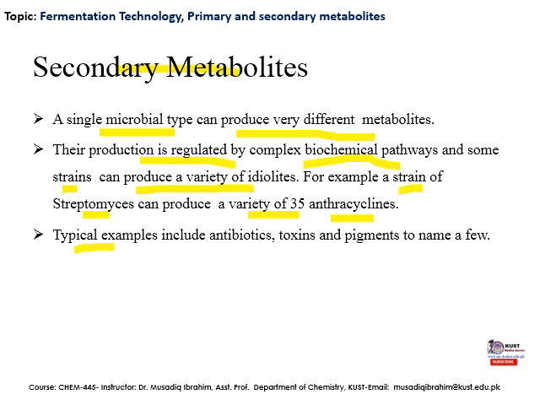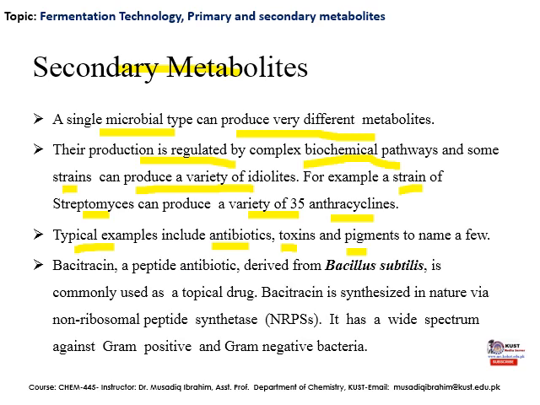Now, the typical examples of secondary metabolites which are produced by the microbial cells include antibiotics, toxins, and pigments, to name a few. For example, bacitracin, which is a secondary metabolite, is actually a peptide antibiotic obtained from Bacillus subtilis and is commonly used as a topical drug in the form of a cream or ointment.